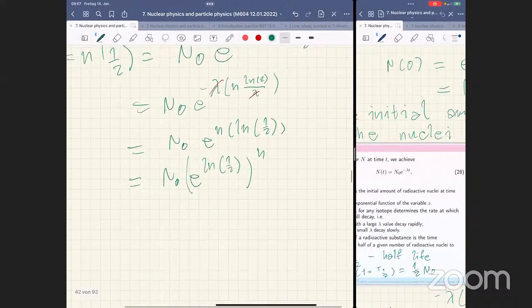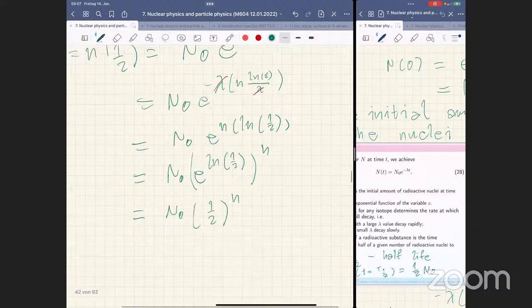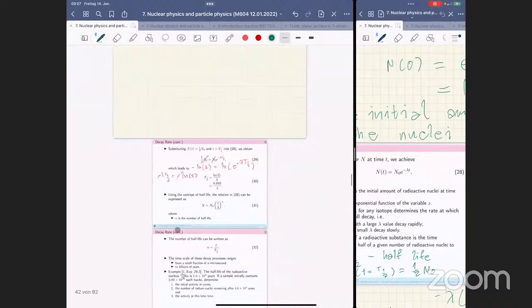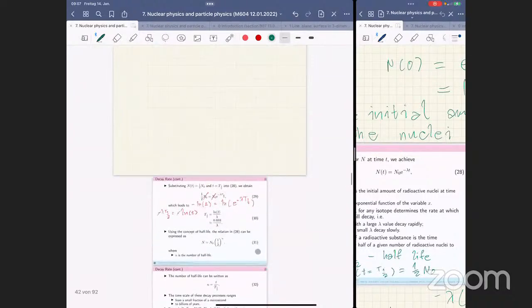And inside that parenthesis it will bring you to only 1 by 2, so you get N0 times 1 by 2 with the power of n. And that's why we arrive at this expression in equation 31.